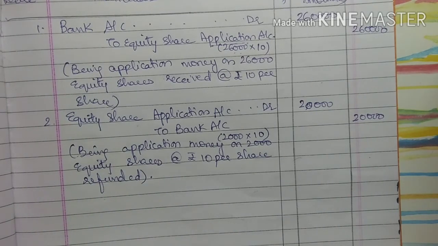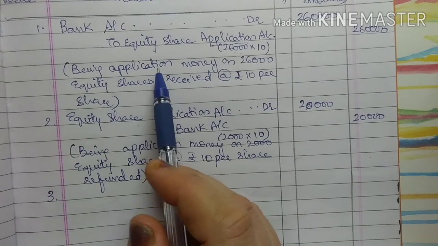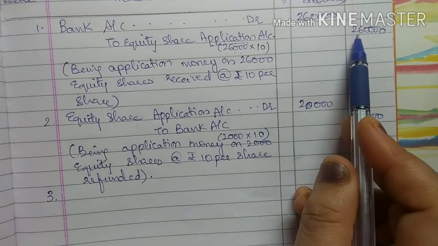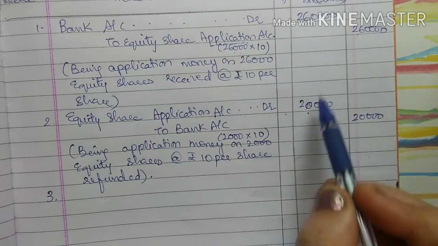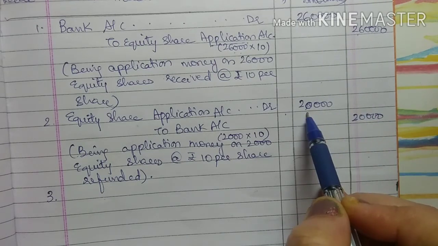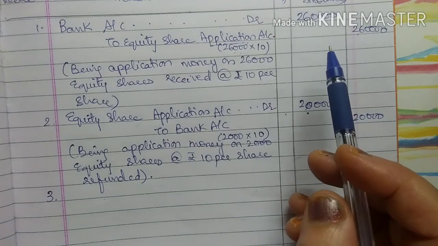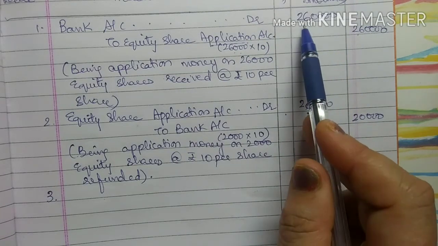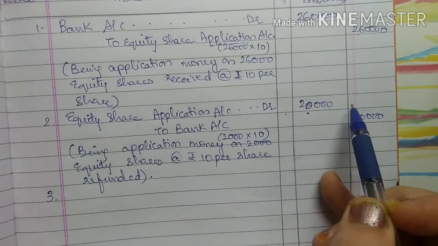Okay, so this was our next entry. Now the third entry which is related to the first case. now देखो application credit में है 2,60,000, debit में है 20,000, means 2,60,000 minus 20,000. we have to transfer this application money to equity share capital account, but what amount will be transferred? 2,60,000 minus 20,000, right? क्योंकि इतना हमने वापस कर दिया.